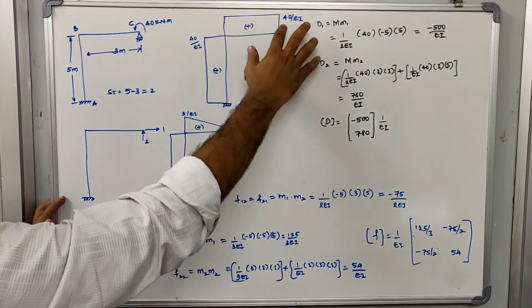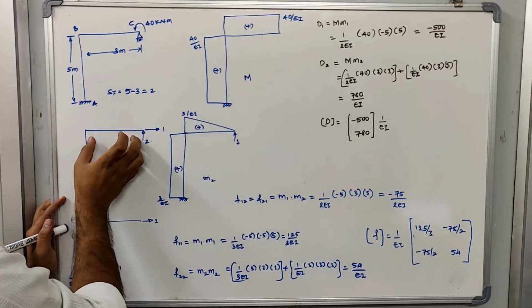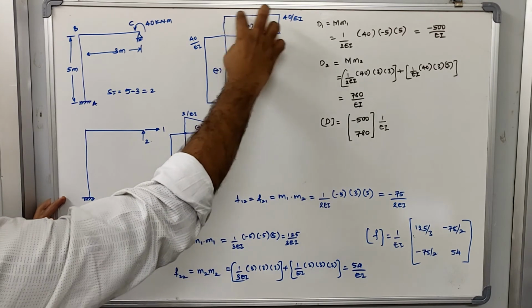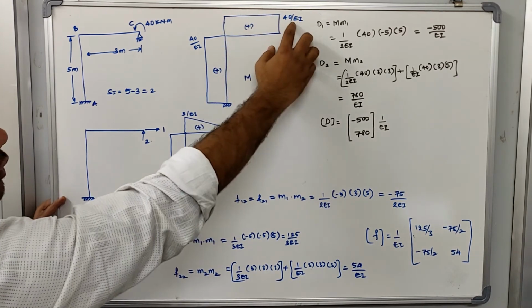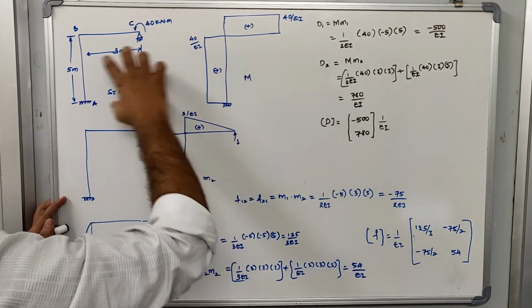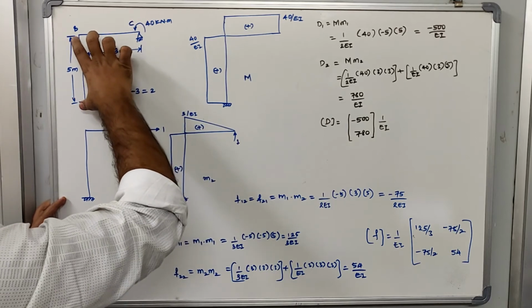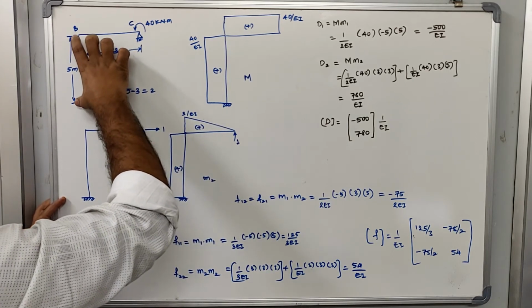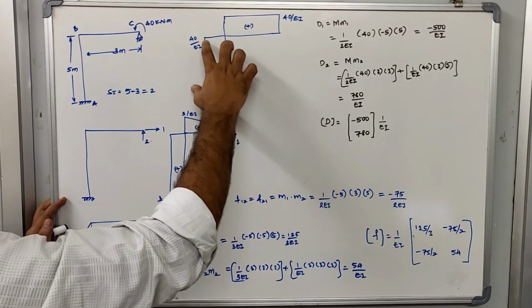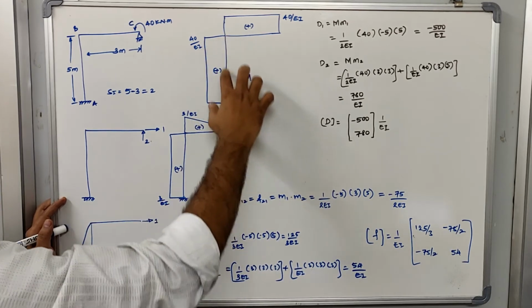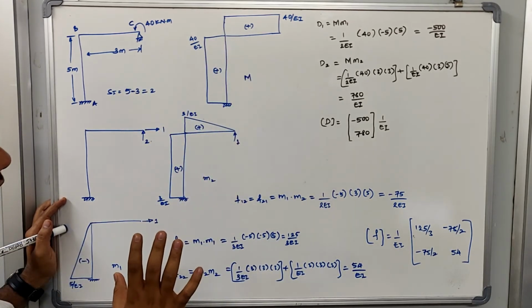If you see, this is the span BC. The span BC has a rectangular bending moment diagram of ordinate 40 by EI. Similarly, for member AB, which is of length 5 meter, the moment will be 40 by EI, and the bending moment diagram will be rectangular in shape.